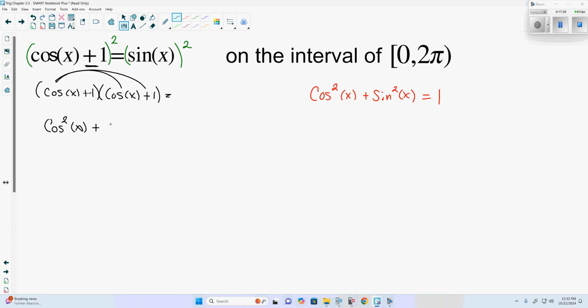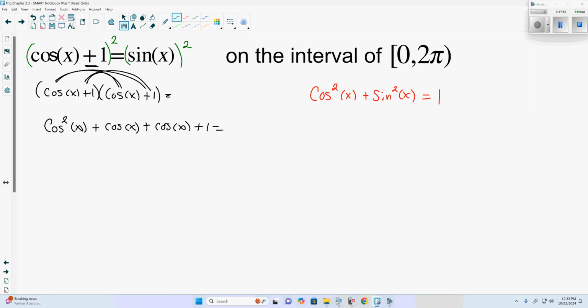Cosine of x times 1 is plus 1 cosine of x. 1 times cosine of x is plus cosine of x. And lastly, 1 times 1 is 1. Questions on how we did that?